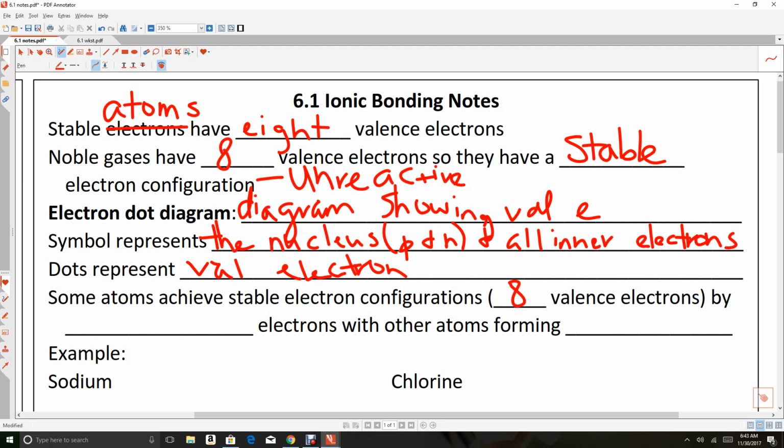To do that, if they, for example, like sodium and chlorine, who neither of them have 8, they can get to 8 or kind of go backwards to 8 by transferring electrons with other atoms, forming ions. Okay, so when they transfer electrons, they form ions, and that's how we get bonds, because ions are atoms with charges.